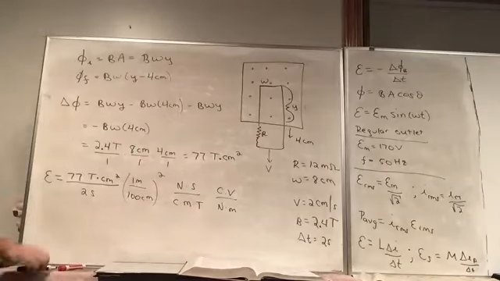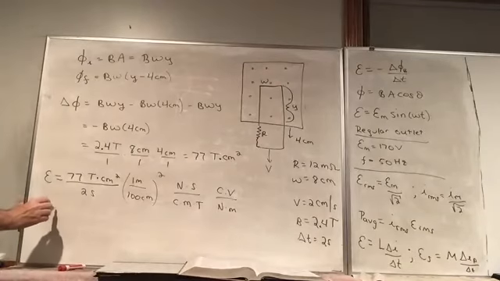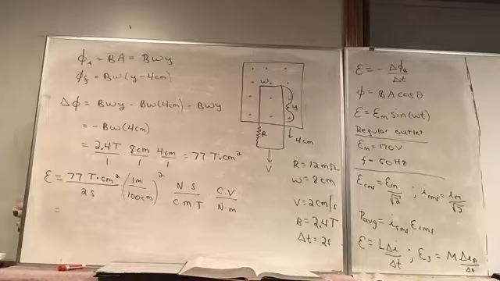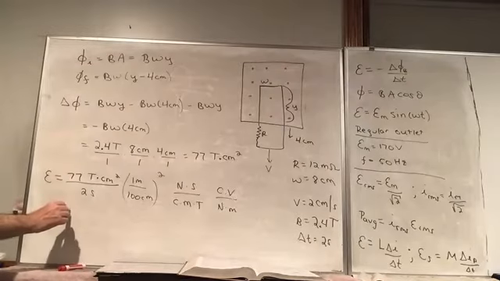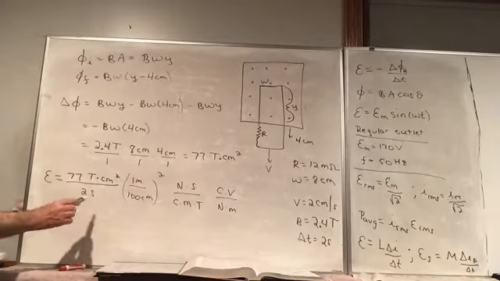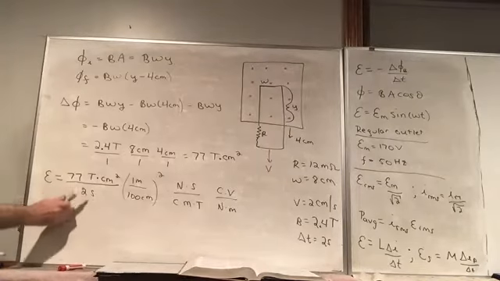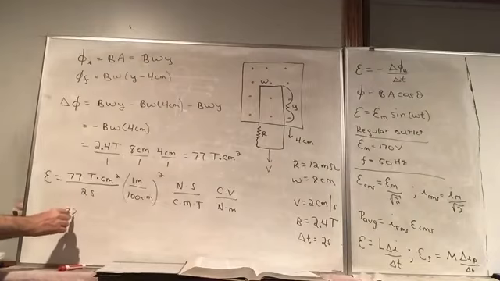Now let's get the number. Let's do 77 over 2. Let's see, that would be like 39. We'll round off to 30. I think actually 38 is probably better because we rounded up here.